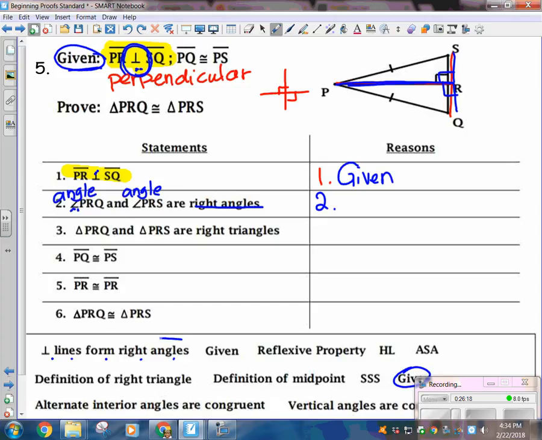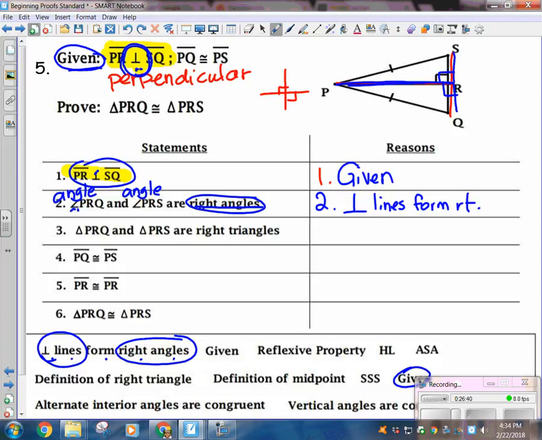This one says right angles, and this one says perpendicular lines, and guess what we had just above it? Do you see how that's a logical conclusion from the first statement that leads into the second statement? And that's my reason. Perpendicular lines form, and I'm going to abbreviate right, RT, angle symbol, angles.